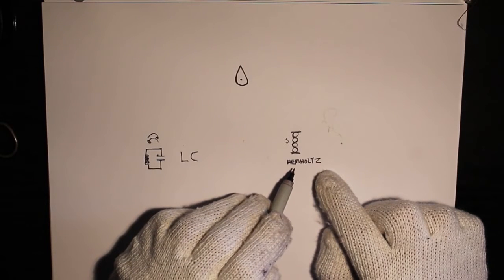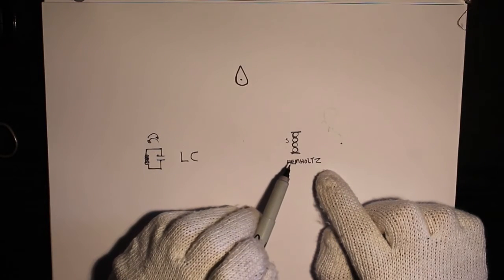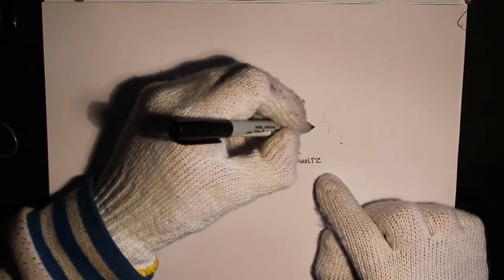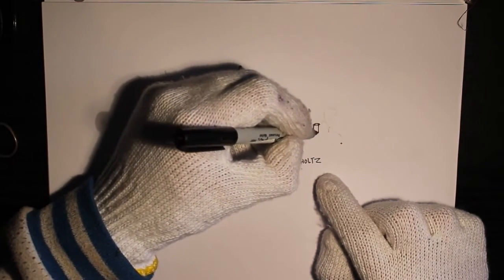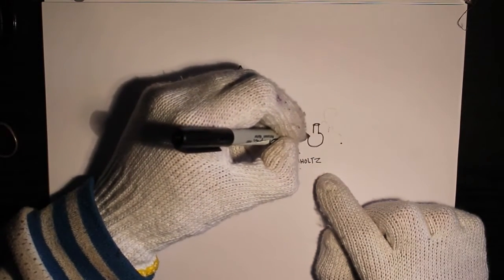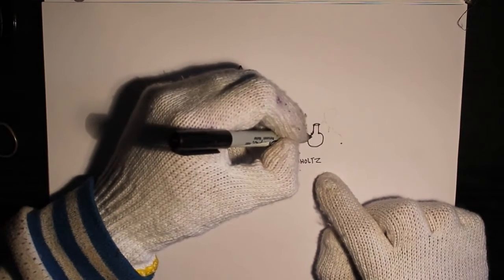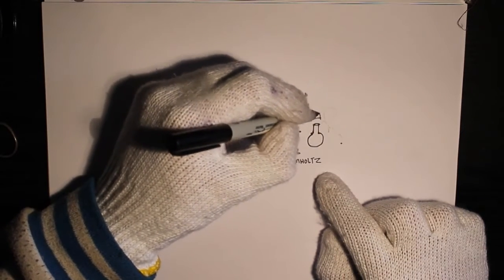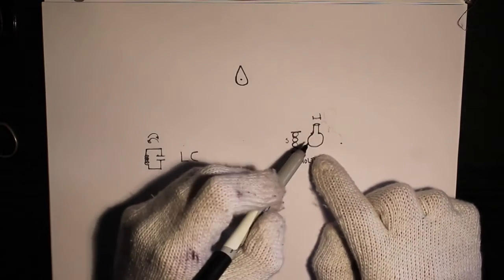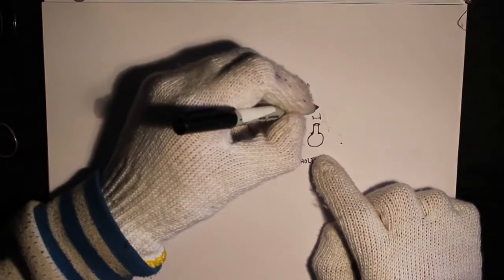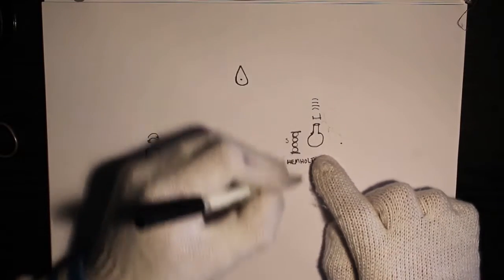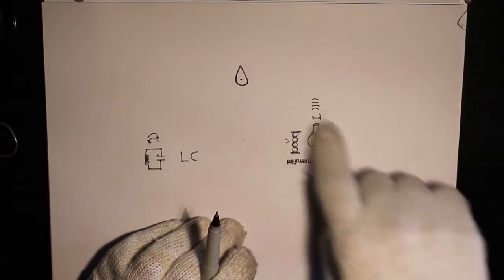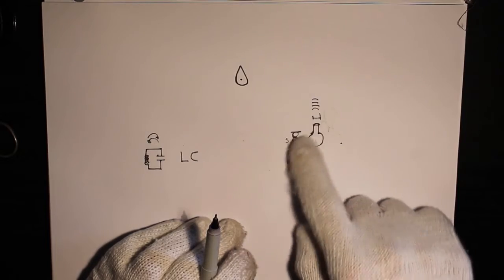There are three variables that you tune: the length of the neck of the bottle, the volume of the bottle, and the diameter of the neck, to create a single frequency at a certain wavelength. That's the one of the oscillators in the pyramid.